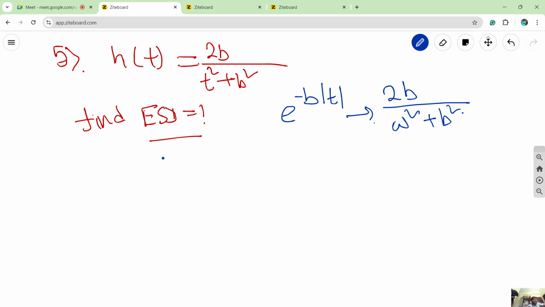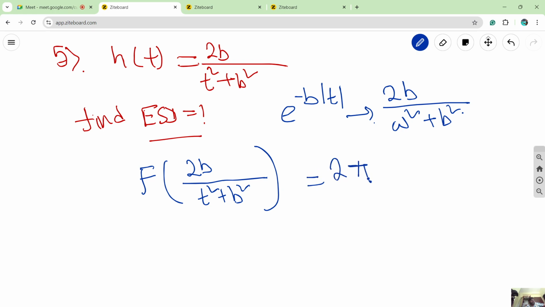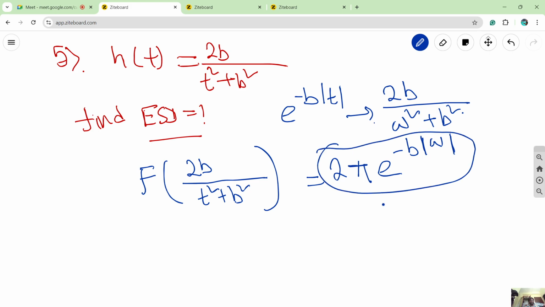So if we use the duality property in the same way, then the Fourier transformation of 2b by t square plus b square is actually 2 pi e to the power minus b mod omega. So we got the frequency domain response. This is H of omega.